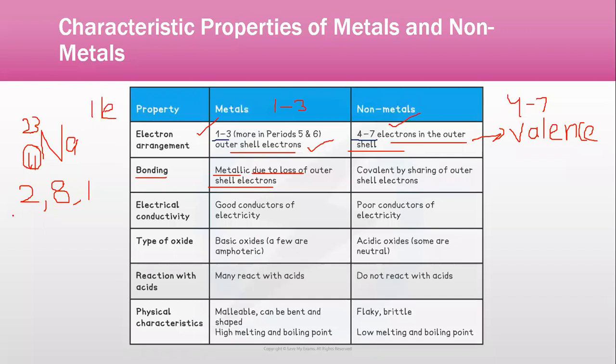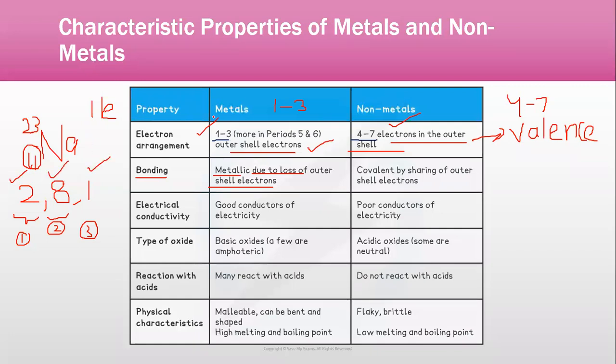So we know the first shell contains a maximum of 2 electrons. The second shell contains a maximum of 8 electrons, and the third shell can also contain a maximum of 8 electrons. So we have 1 left. 2 plus 8 plus 1, is it 11? Yes, it is. So how did we fill the 11 electrons? In the first we have 2, in the second 8 and in the third 1.